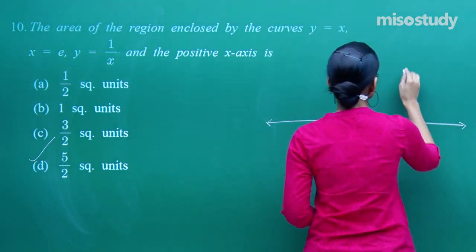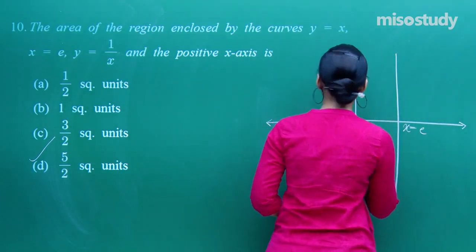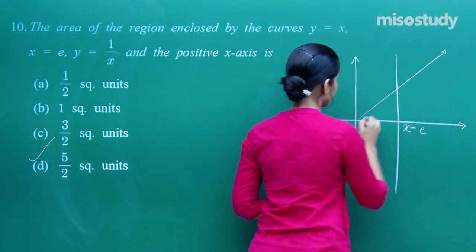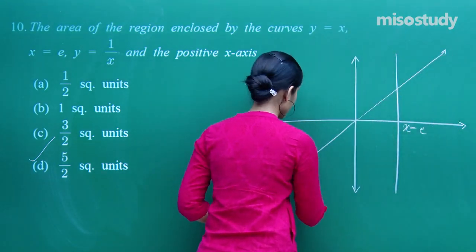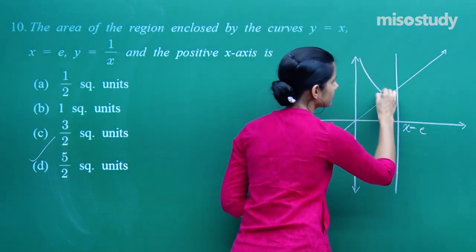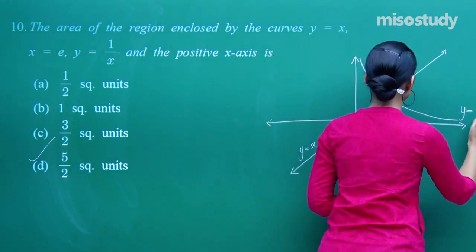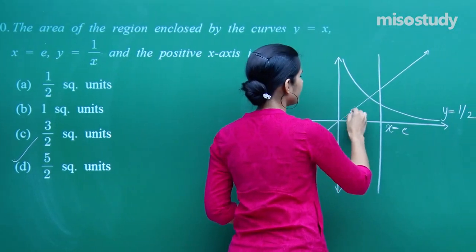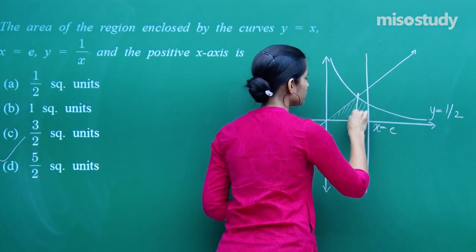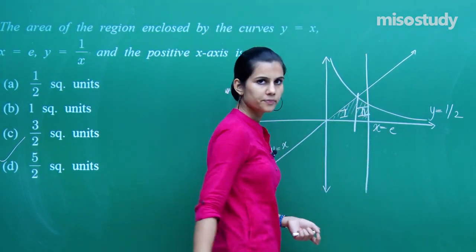This is x equals e, then you have y equals x, and y equals 1 by x. You need to evaluate this complete area. So obviously at this point we are going to first interpret and break this area into two parts, 1 and 2.